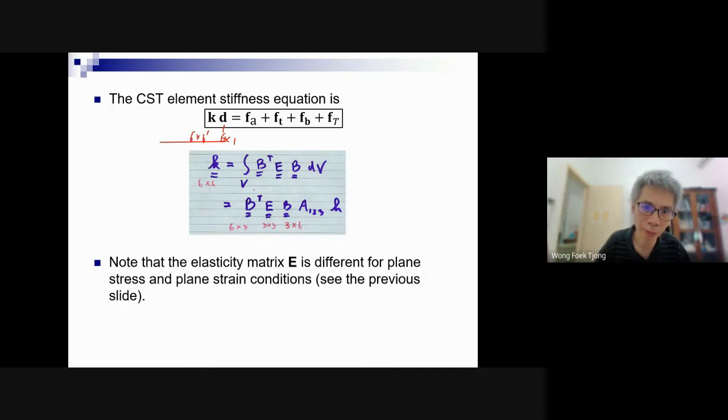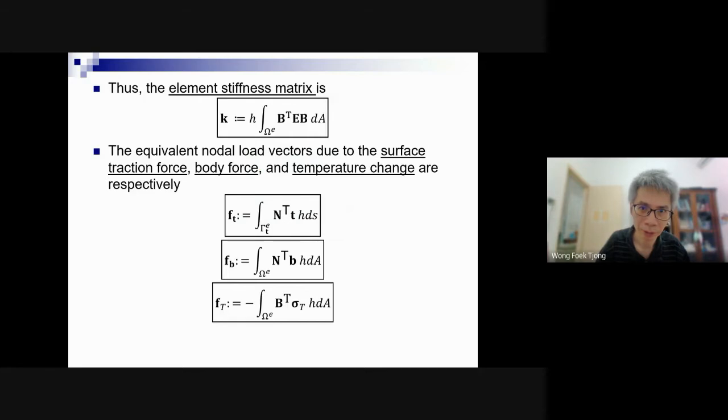We can see this from the definition, actually. In this case it is B transpose E B dA, right? But what is B? In the case of CST, B is constant, and E is constant, so we can write it like this, with the thickness.